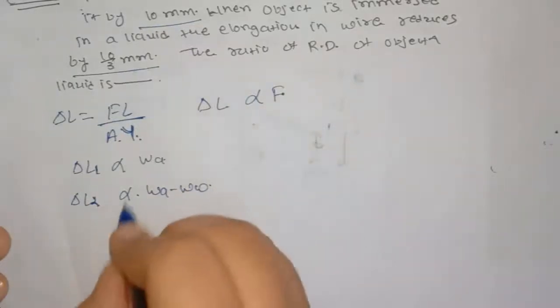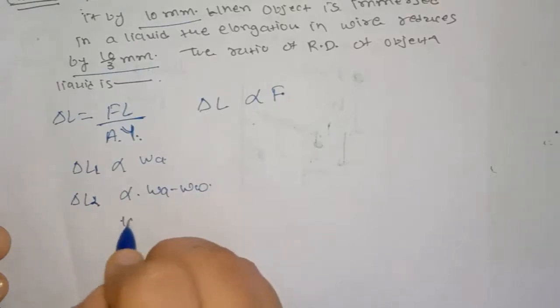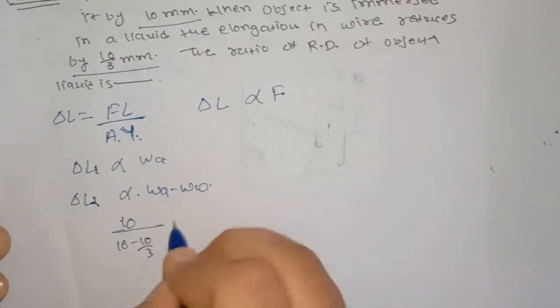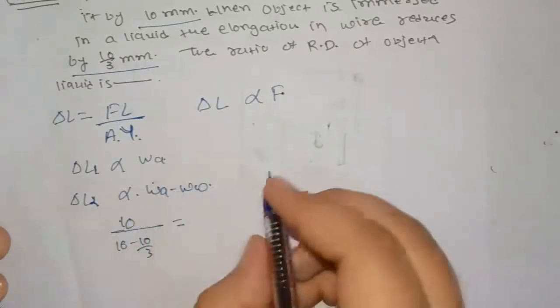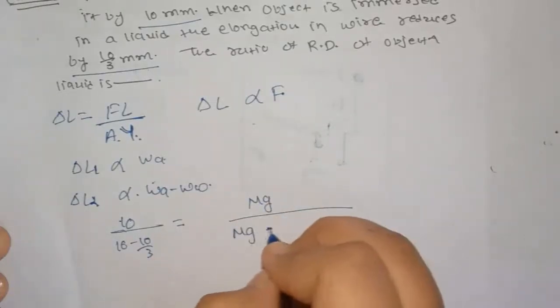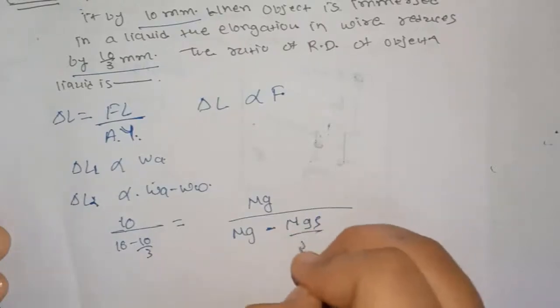Taking the ratio, we can write 10 divided by delta L2, which is 10 minus 10 by 3, is equal to weight in air mg upon weight in air minus weight in water, that is mg into rho divided by sigma.